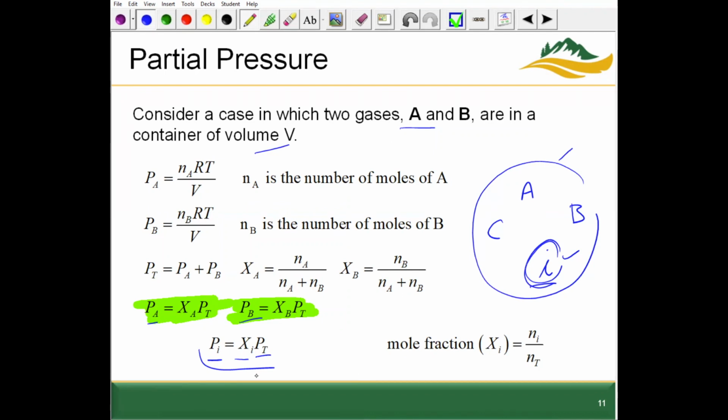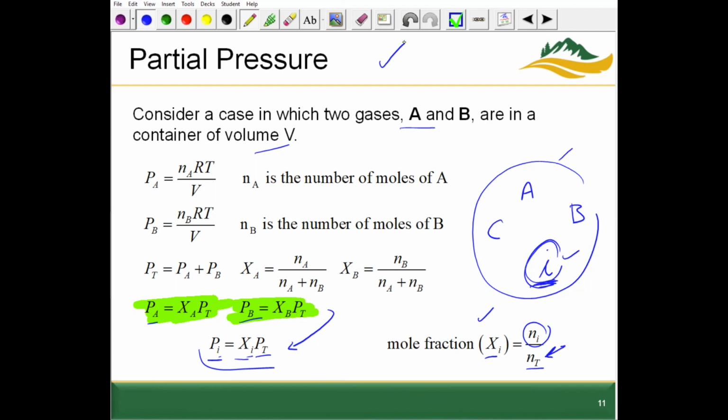So this is taking these equations and making them slightly more general, for any identification of gas, just denoted as i. Then to also make this more general, the mole fraction of i is the moles of i divided by the total number of moles of gas. So these are all of our equations for Dalton's law of partial pressures.